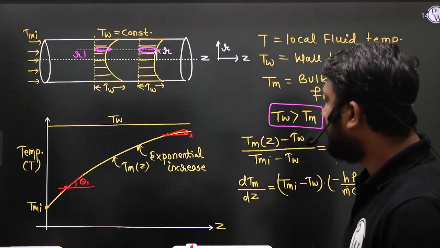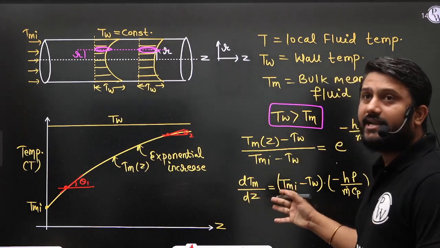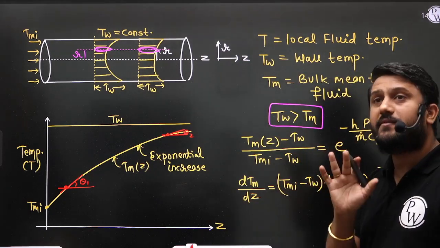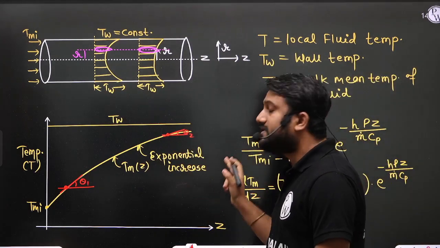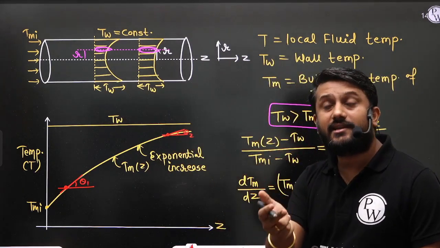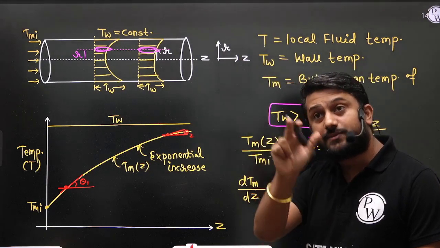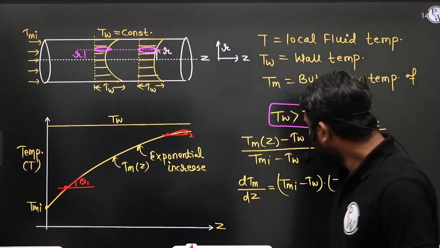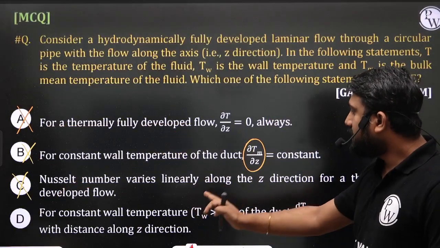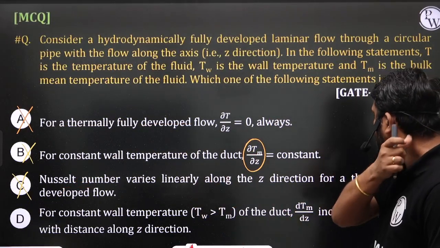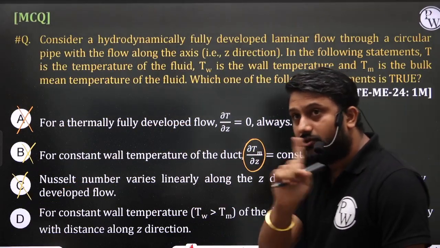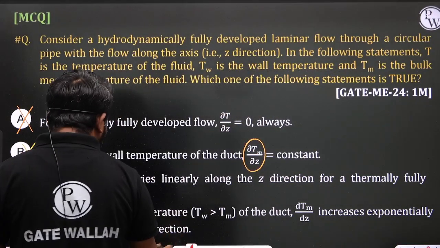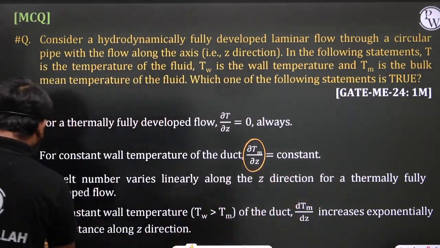That means in the Z direction, Tm increases because heating of the fluid occurs, and it increases exponentially. But dTm by dz decreases exponentially. So option D says dTm by dz increases exponentially. This is wrong. It does not increase, it decreases. So option D is also wrong.